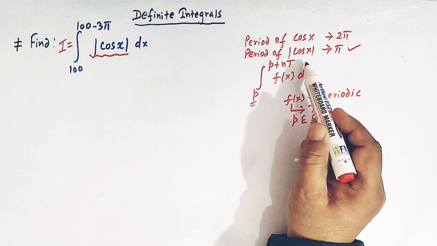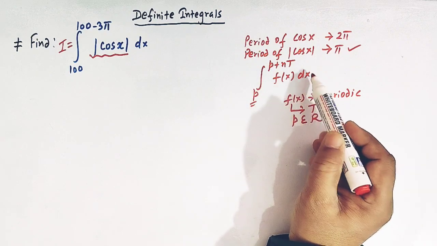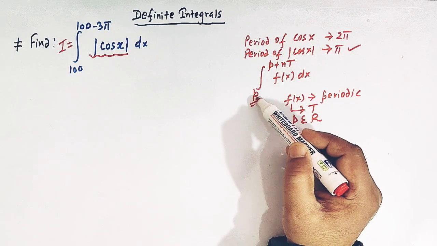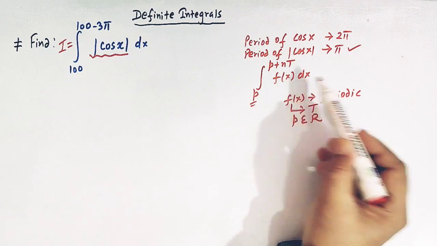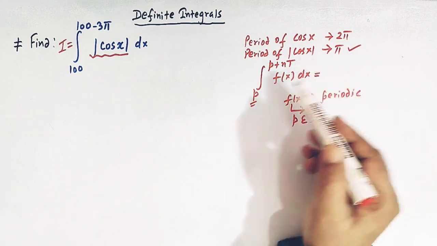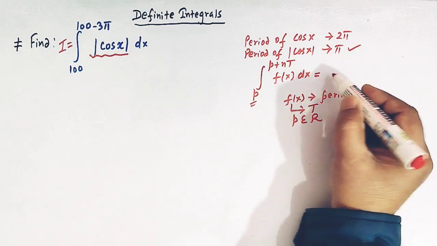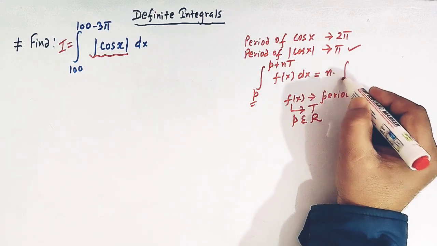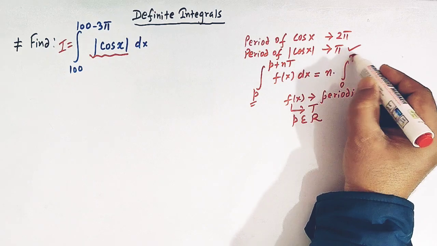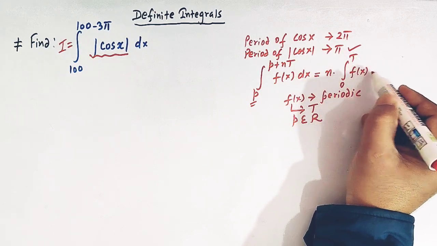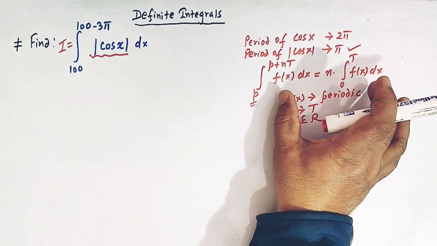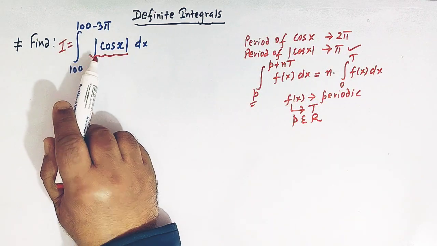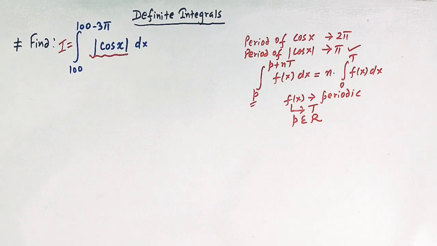Whenever we have this type of integral, from p to p plus nT of f of x dx, it can be written as n times the integral from 0 to T of f of x dx. This property shall be used to evaluate this integral.